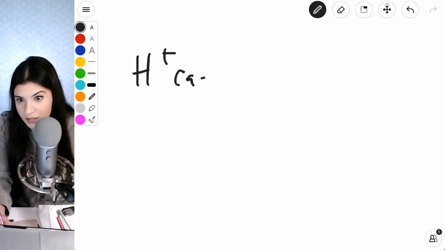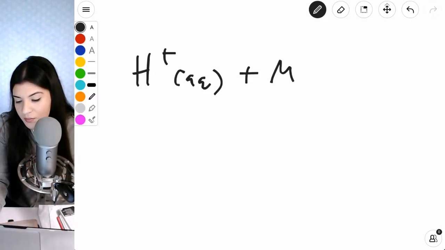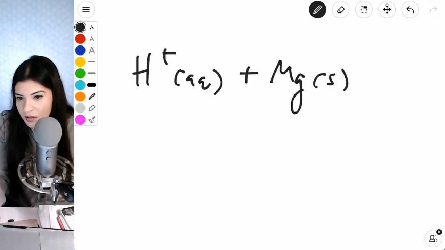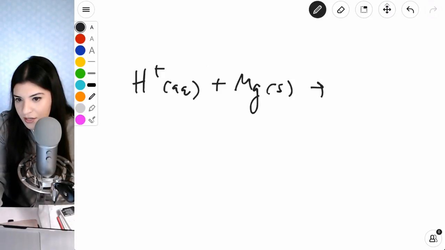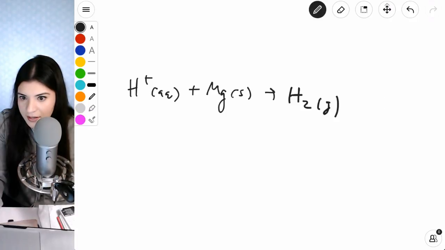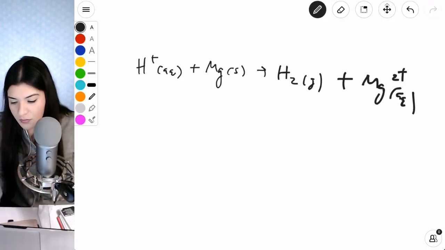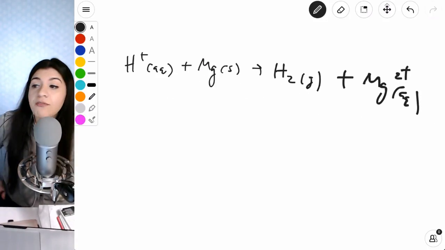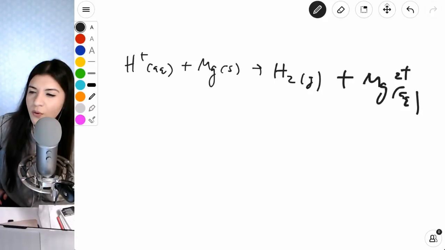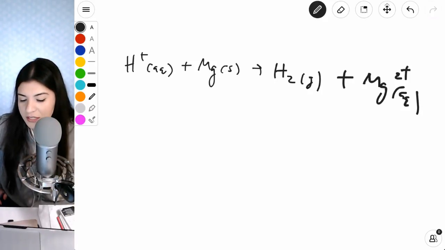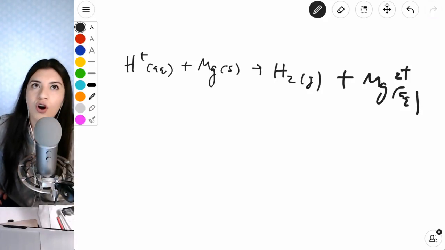H plus aqueous plus magnesium solid going to H2 gas and magnesium 2 plus aqueous. All right, so with writing half reactions, what we're really looking for is we're going to start off with our oxidation numbers.